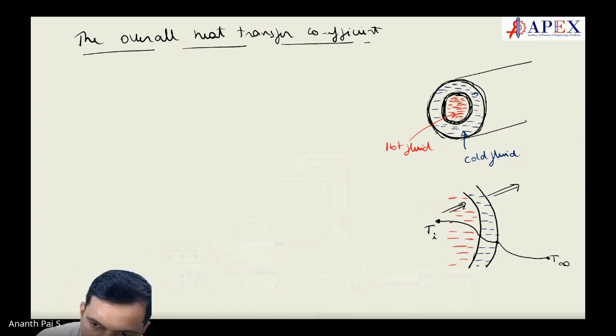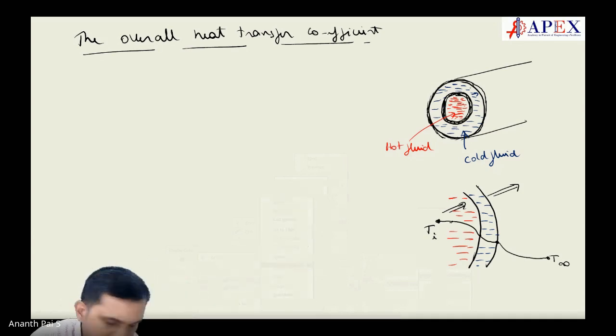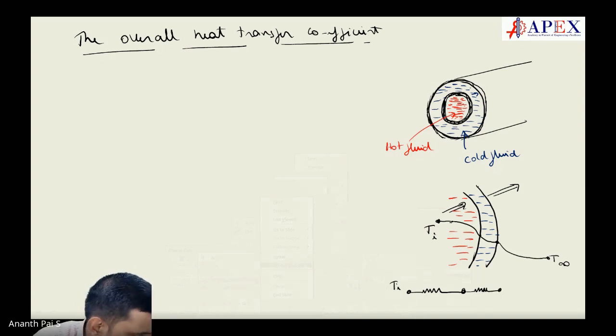So on the cold fluid side you have a lot of things here. Everything we have studied, we are implementing here. Then you have the resistance of the wall, then another fluid, and then T infinity.